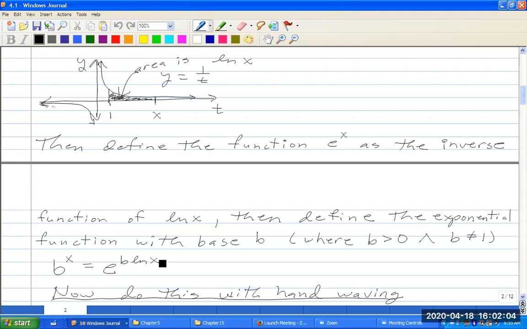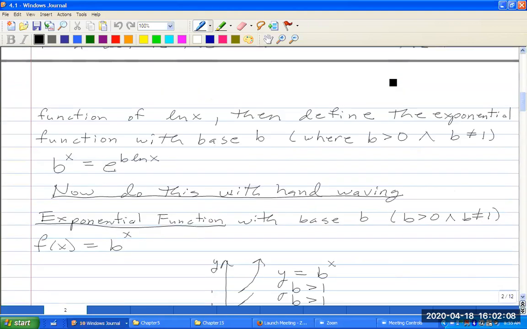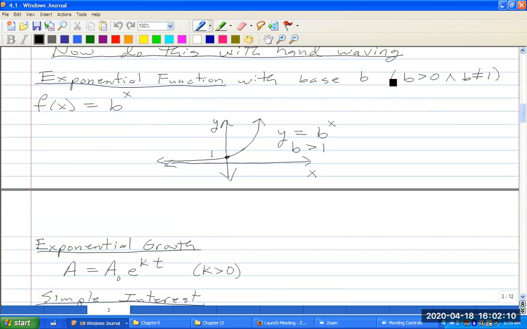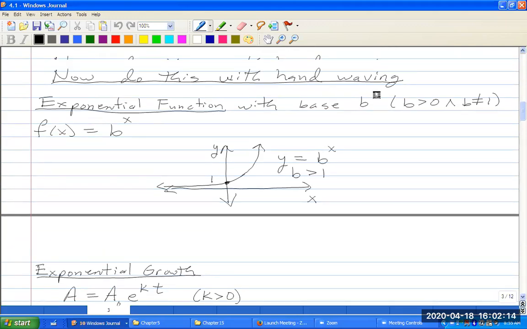Okay, so let me give you some intuitive idea about this. The exponential function with base b, where b here is greater than 0 and not equal to 1, will look something like this.